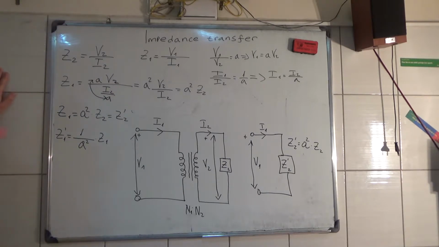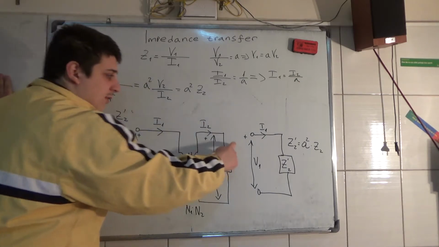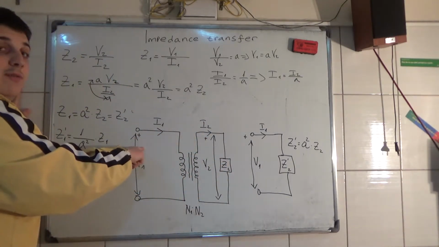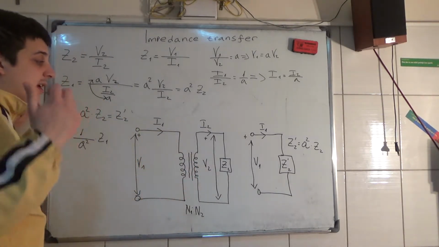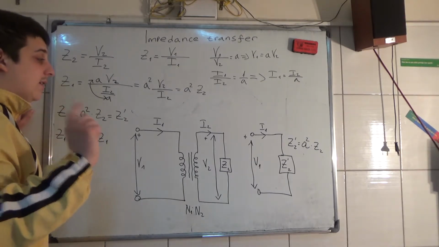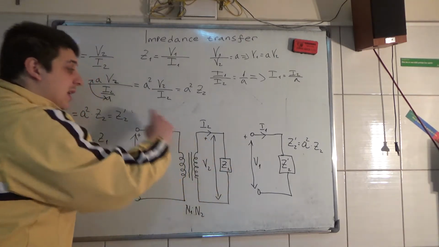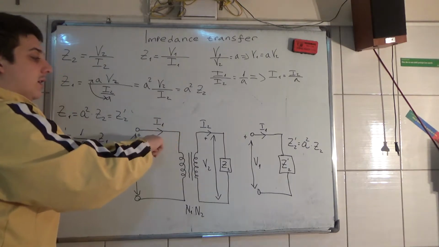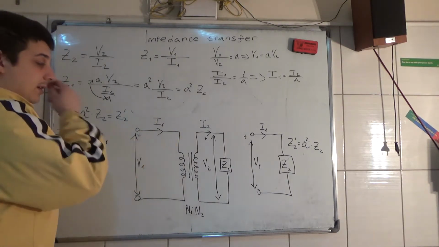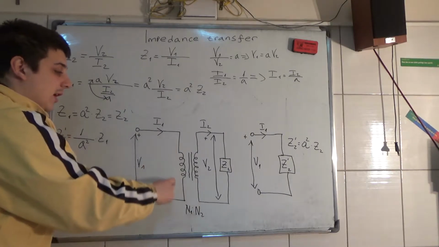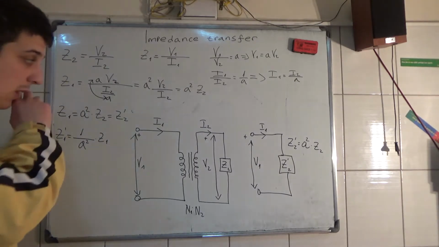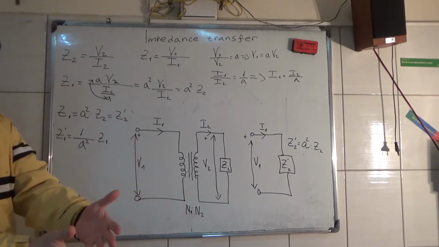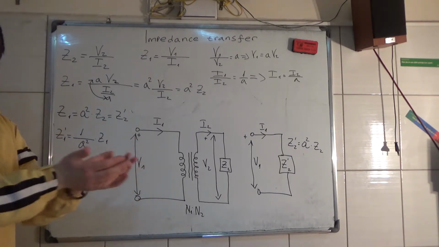But in my previous video I showed you that when we have a current I2, then this source V1 is going to draw a current in the primary. So in an ideal transformer there was no exciting current, but when we put an impedance, then the current I1 started to go in the primary. Now if we have voltage and we have a current, then we have some kind of impedance.